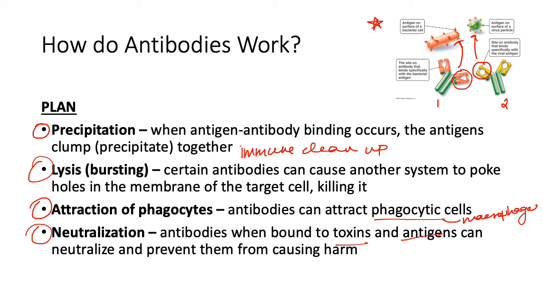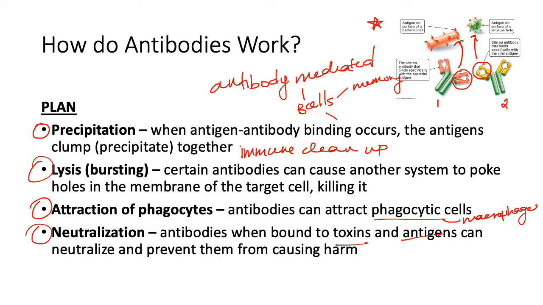So again, in the antibody-mediated response, we have activated our B cells. Some of those B cells are going to become memory cells, which we're going to come back to, but the other cells become plasma cells. And it's those plasma cells which release antibody.